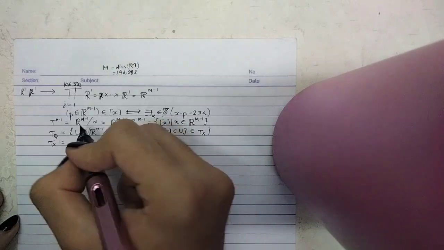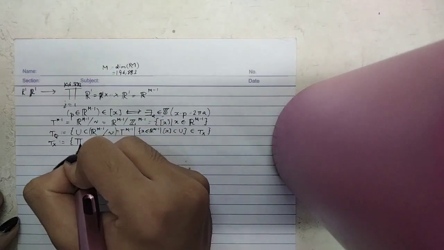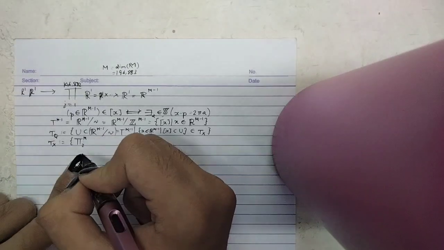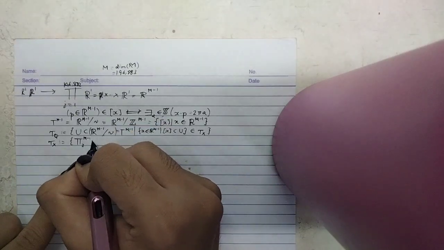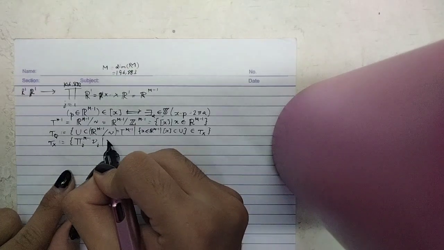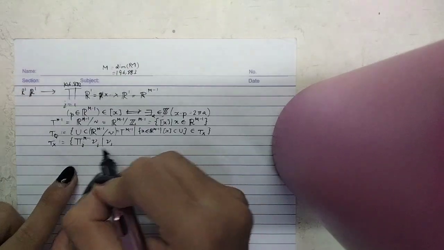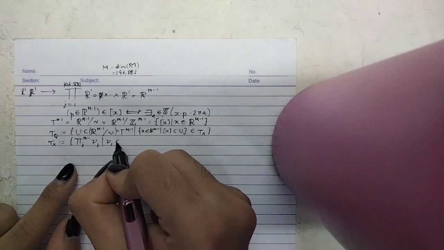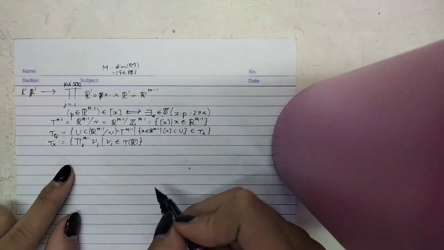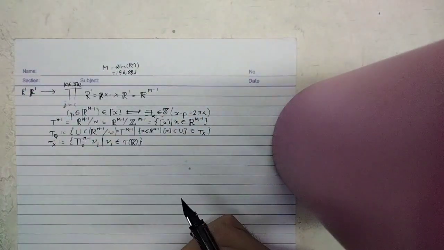So the product topology is the set of all products, from I to the m minus 1, of open sets nu sub I, such that each open set is open inside the topology of R. Because I cannot just define one singular topology.